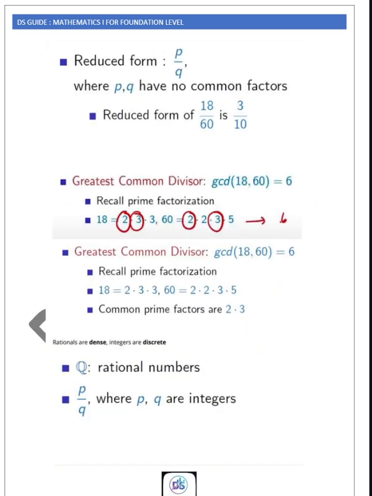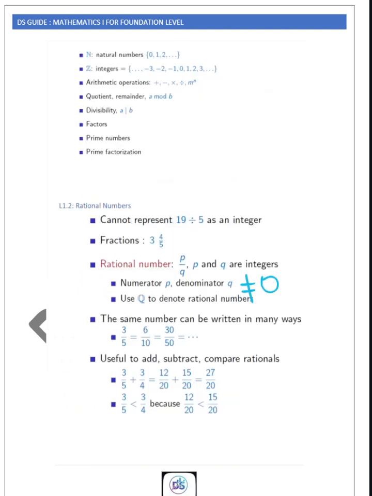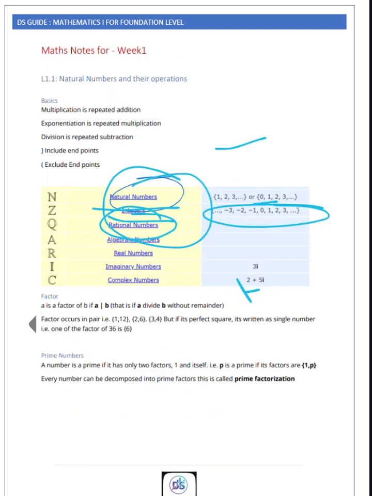The numbers which cannot be written in the form of p by q. For example, pi, e, root 3, root 2. And if we have a negative value in the root, that means it is a complex number. Okay. Then what are real numbers, which comprise all rational and irrational numbers, integers also.